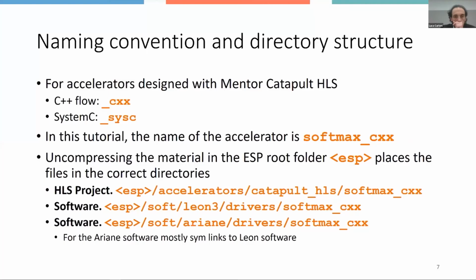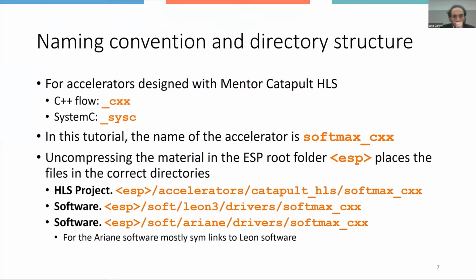We adopt some naming convention for the accelerators that we design with Catapult HLS. We use the _CXX suffix for the accelerator from the C++ flow, and we use the _sysc suffix for the SystemC accelerator. In particular, the name of the accelerator for this tutorial is softmax_CXX.